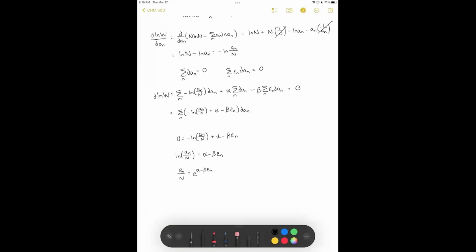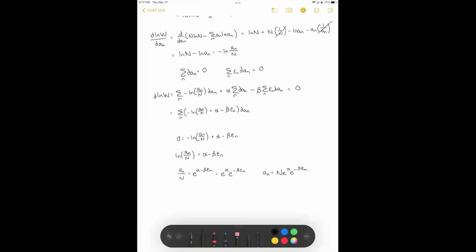Using exponential properties, we can separate these into two exponentials. So we'll have this being e to the alpha times e to the minus beta epsilon n. And then we can multiply through by n to get a sub n is equal to n e to the alpha e to the minus beta epsilon n.